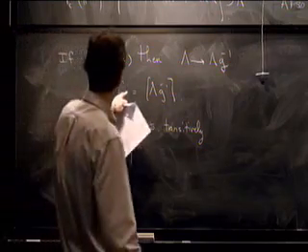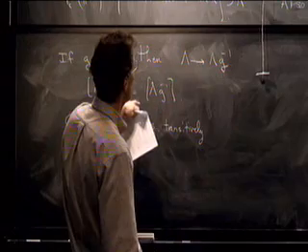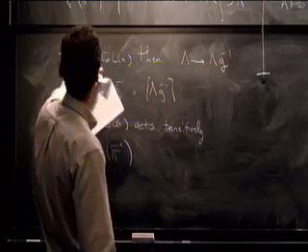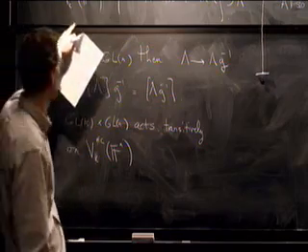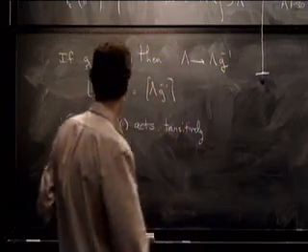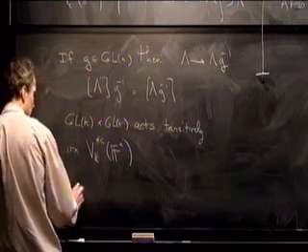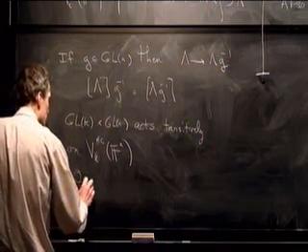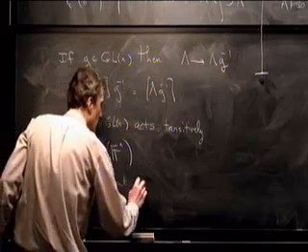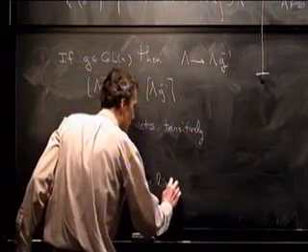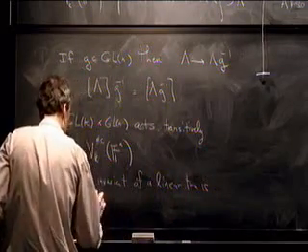Okay, so I have this GL_n action, and it acts on this V_k, and it's transitive. And why is that? The reason is that the only invariant of a linear transformation is its rank.